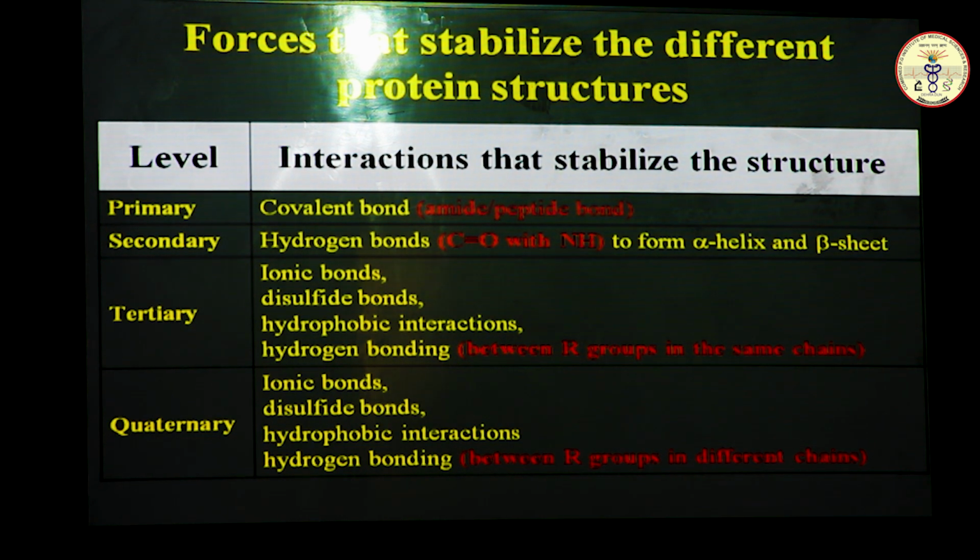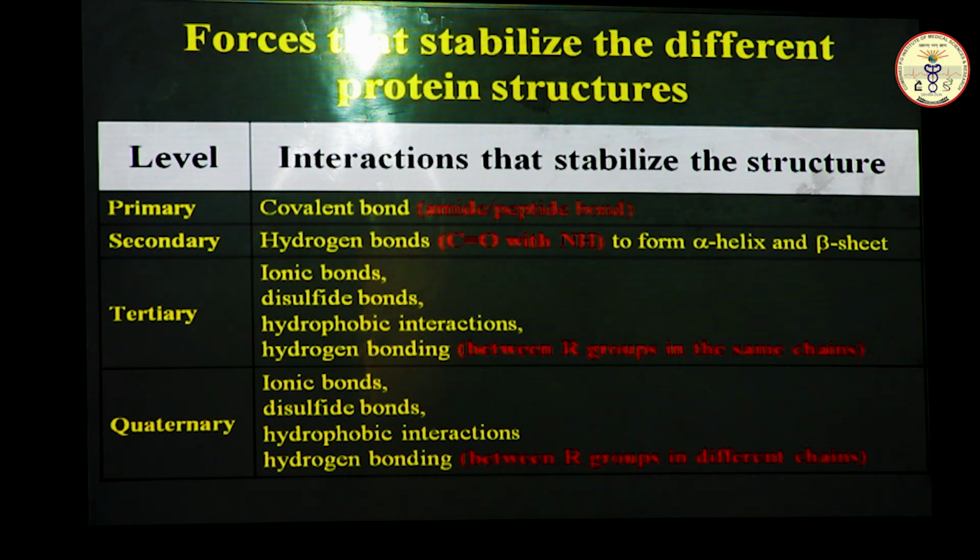The forces that stabilize the different protein structures. If we talk about the primary structure, the major interaction is the covalent bond formed between the amide and the carboxyl group, the peptide bond. Then the secondary structure, which bond stabilizes the secondary structure?